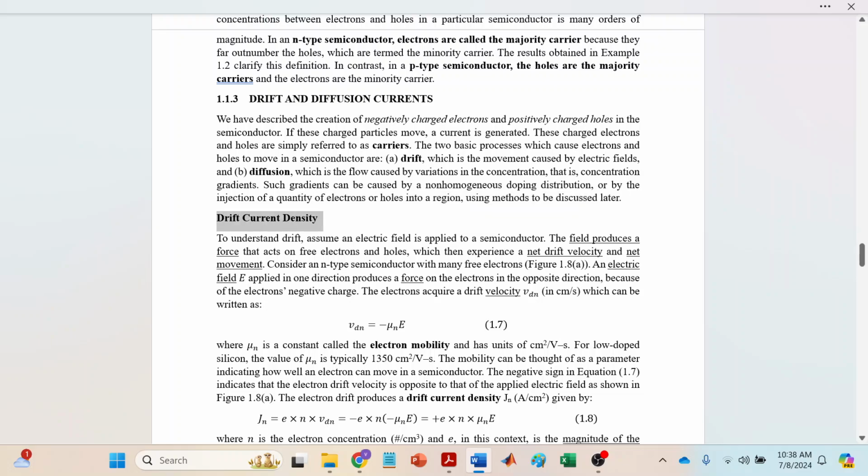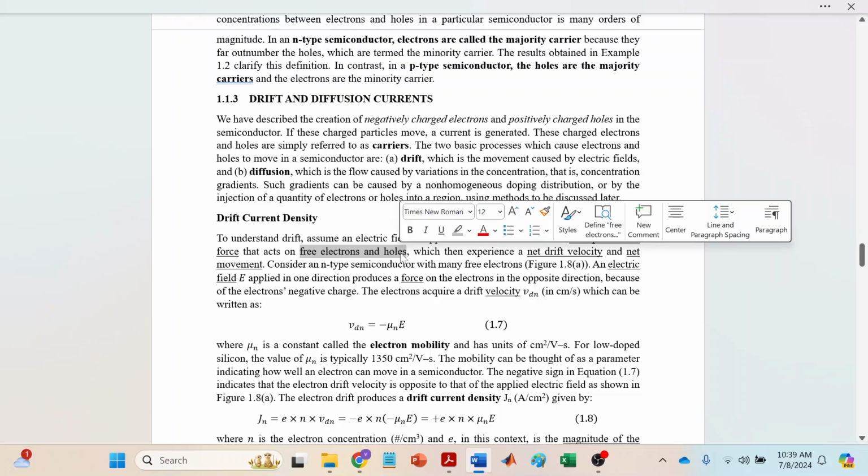So drift current density, as we've said earlier, is as a result of movement of these charge carriers due to electric field. So when an electric field is applied to a semiconductor, either intrinsic or extrinsic, the electric field produces a force that acts on these charge carriers, which are either free electrons or holes.